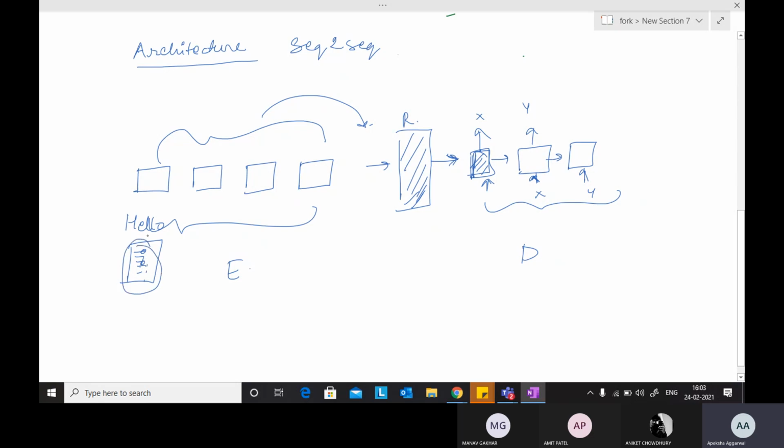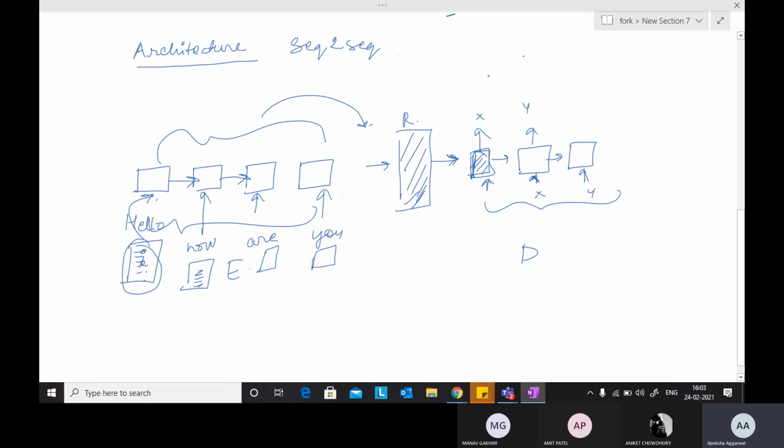A vector is there. This vector will be given as input over here, and then it will generate some activations. And then I will create an embedding set of vectors, and this will be passed to the next cell. Okay, and then for R similar thing, and then for U similar thing.